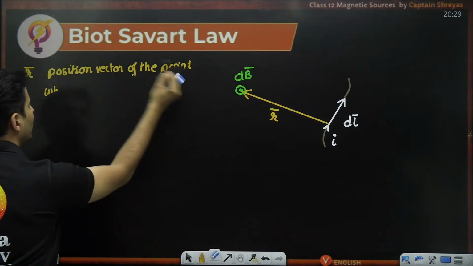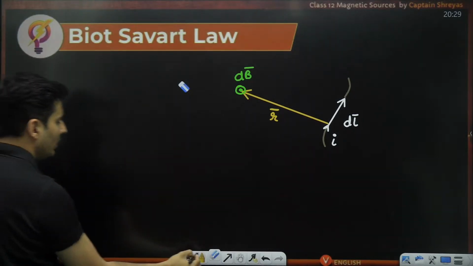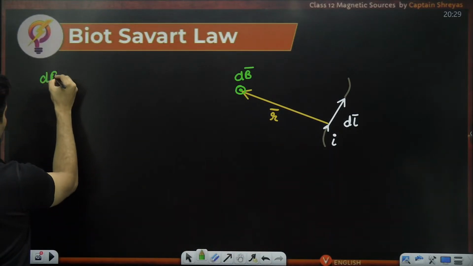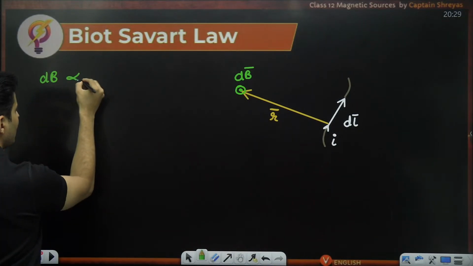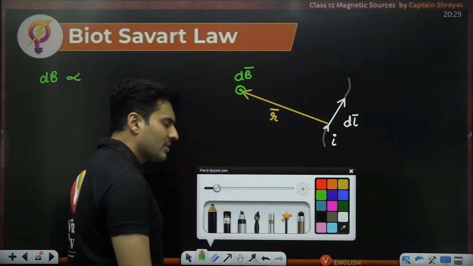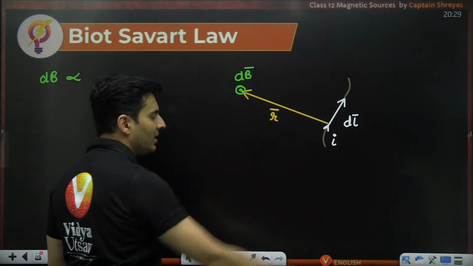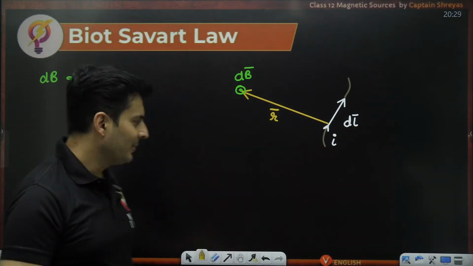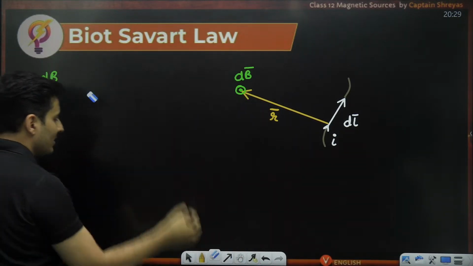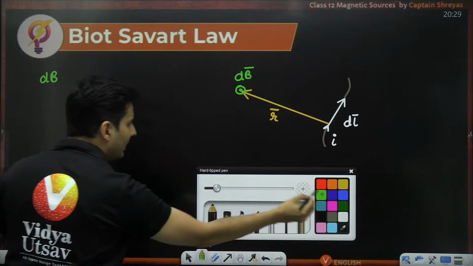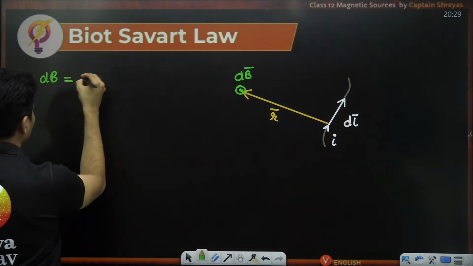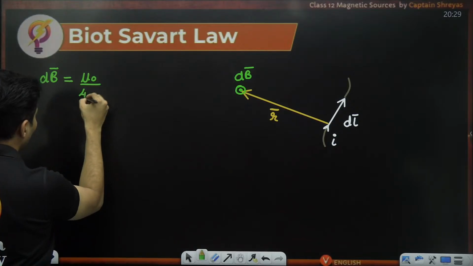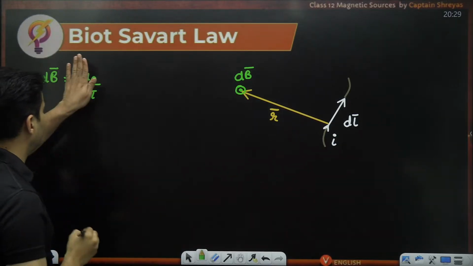So the magnitude according to the Biot-Savart law is found out to be proportional to some things, and you convert it into equality, so that equality comes out as dB bar is equal to mu naught by 4 pi, which is a constant of proportionality.